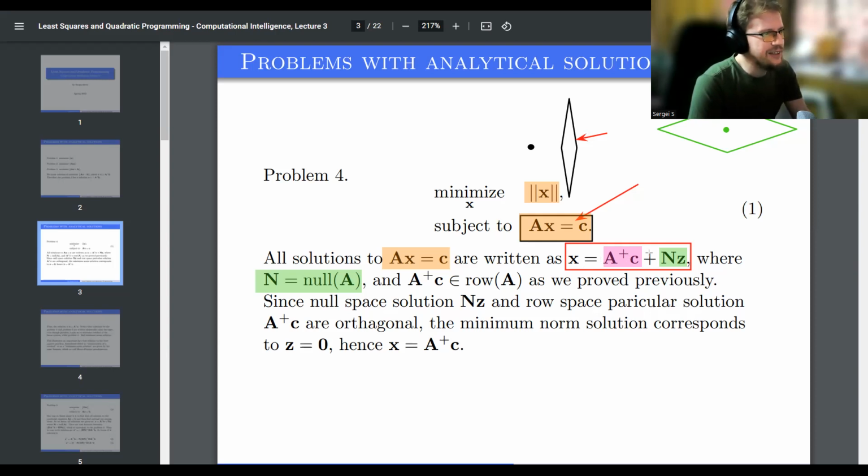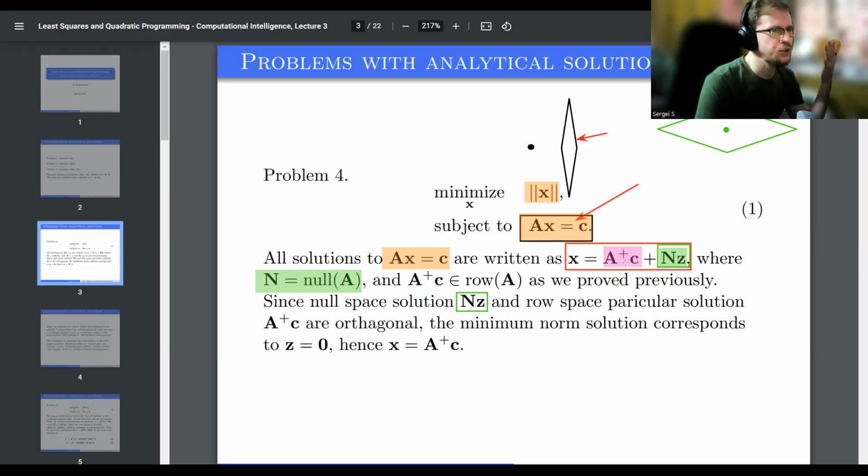That means that the smallest solution will be obtained when this component here is equal to 0. Why should it be equal to 0? Because if it is bigger than 0, x increases in size. How do I know?